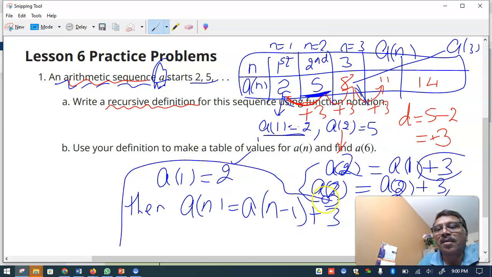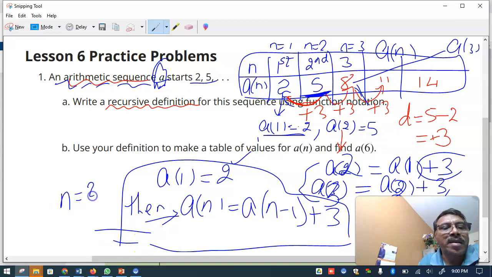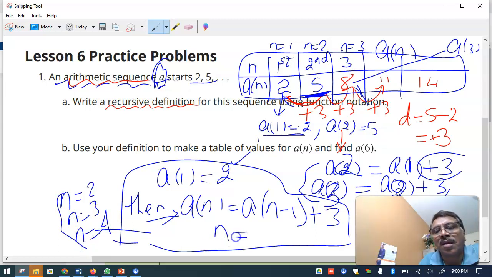So this is how you're supposed to write recursive definition. But then remember, this works for n is 2, n is 3, n is 4, and so on. So instead of writing all this, just write only one and say everything that is greater than or equal to 2, and you're done. So this is called a recursive definition of the arithmetic sequence.